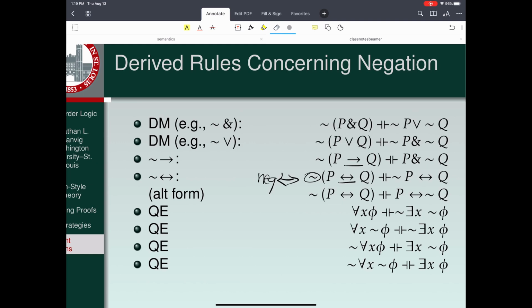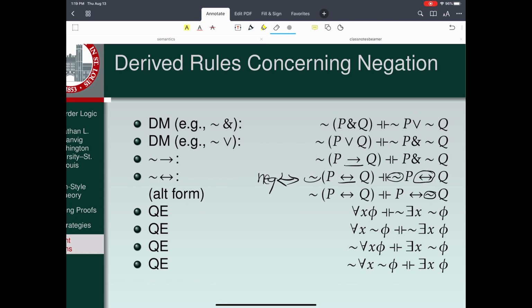The negation of P double arrow Q is just a double arrow formula, where the negation is attached to one of the two sides. You get to pick which one you want. So if you've got the negation of P double arrow Q, you end up with not P double arrow Q or P double arrow not Q. That's because P double arrow Q just tells us that P and Q have the same truth value.